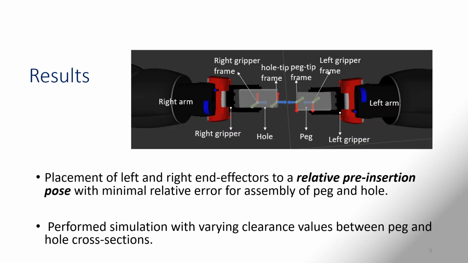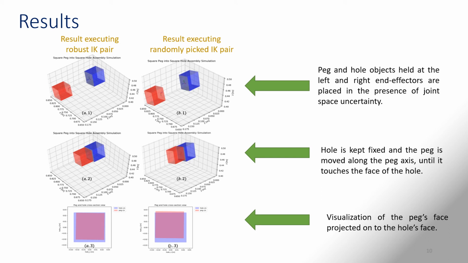In order to evaluate the effectiveness of the robust IK pair method, a simulated Baxter robot is tasked to perform peg-in-hole assembly with a robust IK pair and with a randomly picked IK pair respectively. Here we have shown the 2 instances of the peg-in-hole task with and without executing the robust IK pair. The peg and hole objects are represented as red and blue blocks respectively.